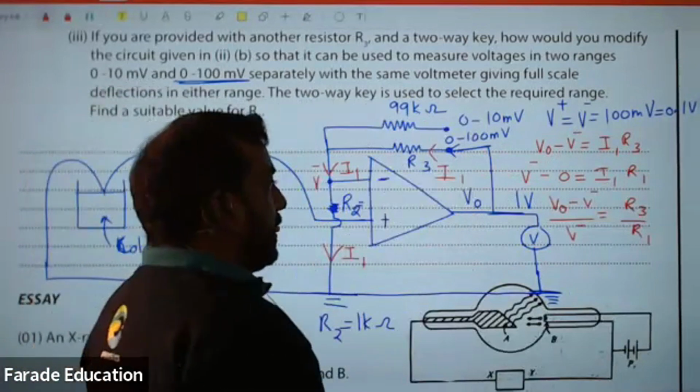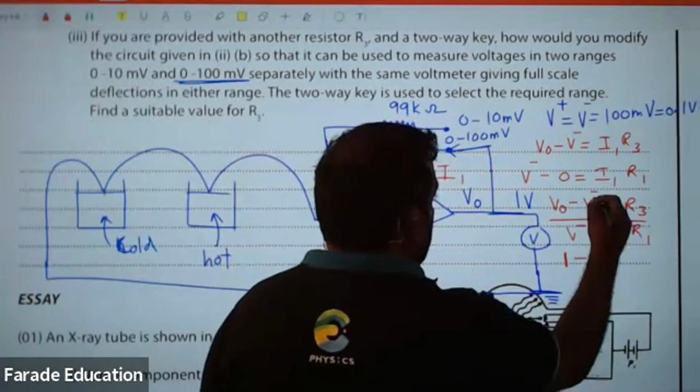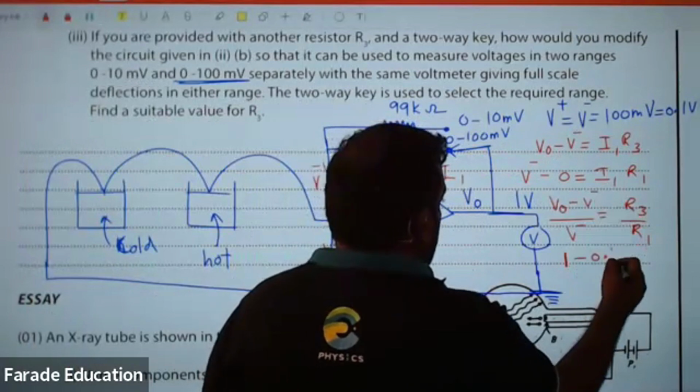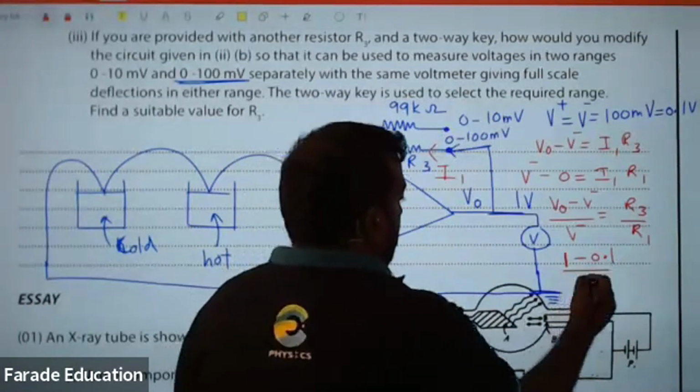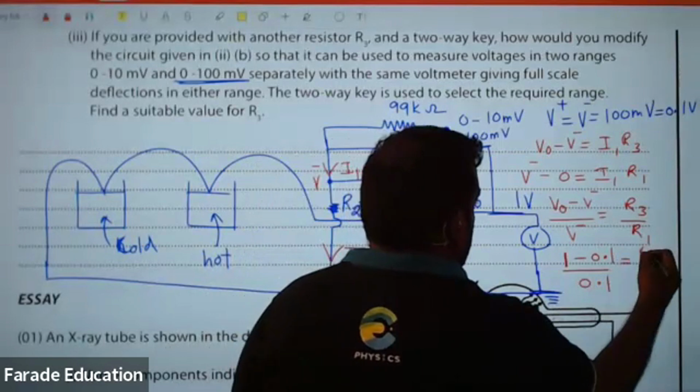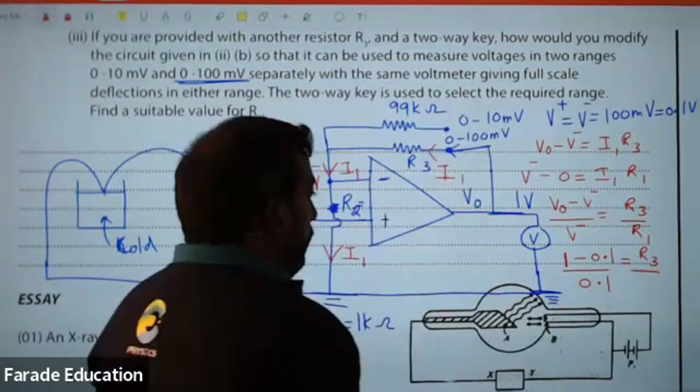What is your output voltage? Full scale deflection 1 volt. V minus is equal to 0.1. What is R1?